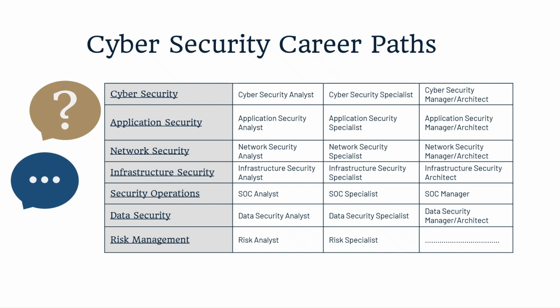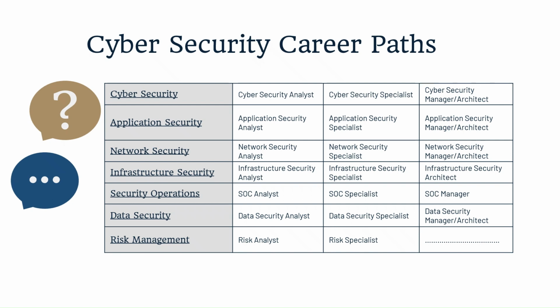So we have cybersecurity at the top, and all of the streams that you see below the main cybersecurity stream in the first row can be considered substreams or subcategories. And for each of these streams, you would have an analyst title for entry level, a specialist title for the mid-level career, and a manager or architect title when it gets to advanced levels.